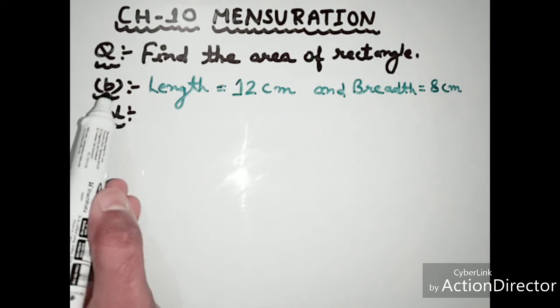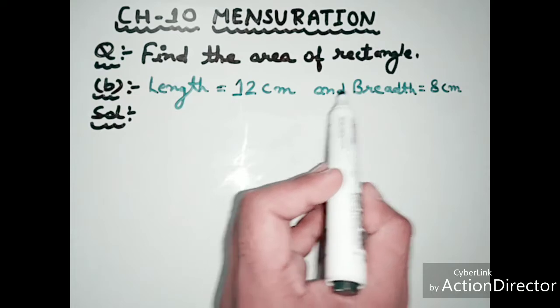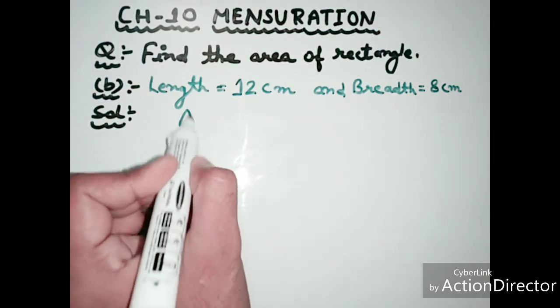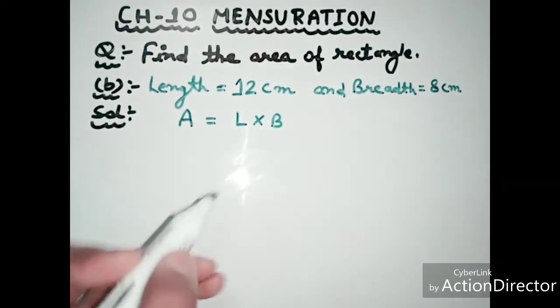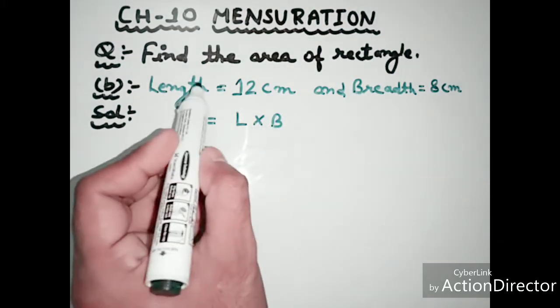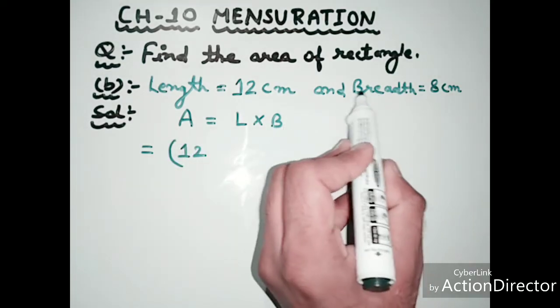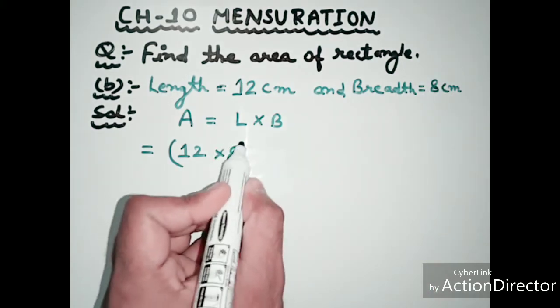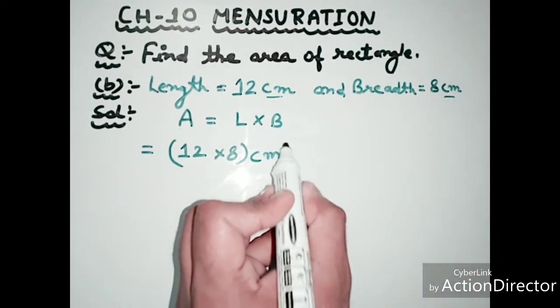Now the next example, example number B. Length equals 12 centimeter and breadth equals 8 centimeter. Here the formula of the area of a rectangle is A equals L into B. So L equals 12, so we write 12, and breadth equals 8, and we write the unit in square units, centimeter square.